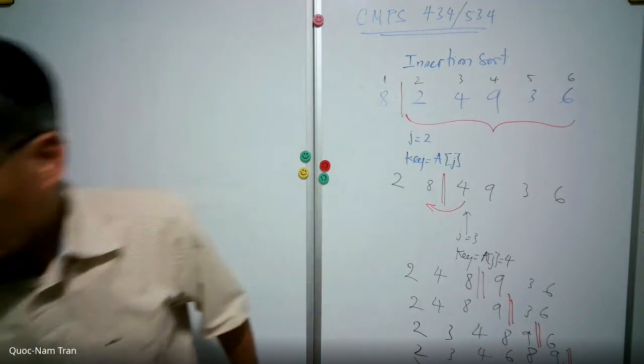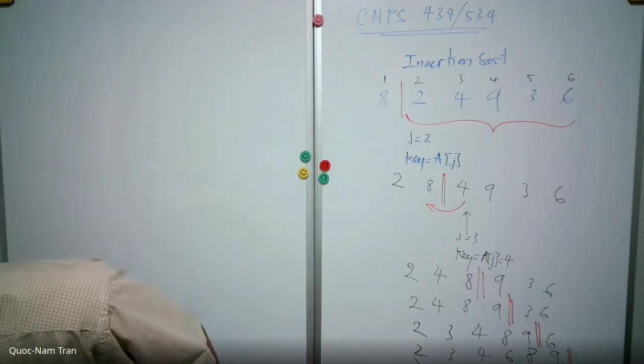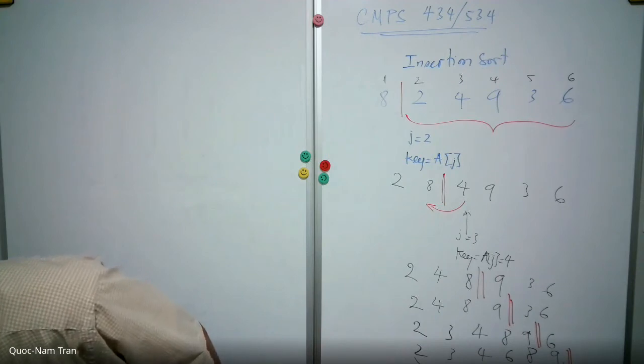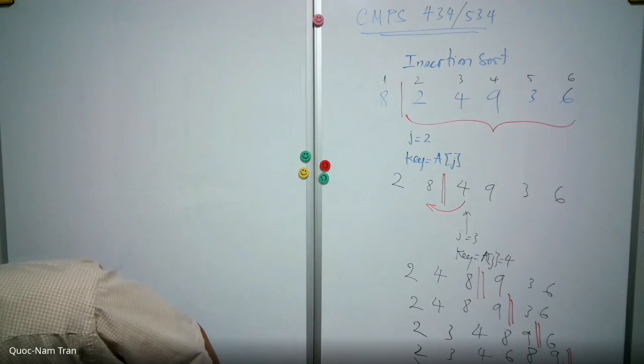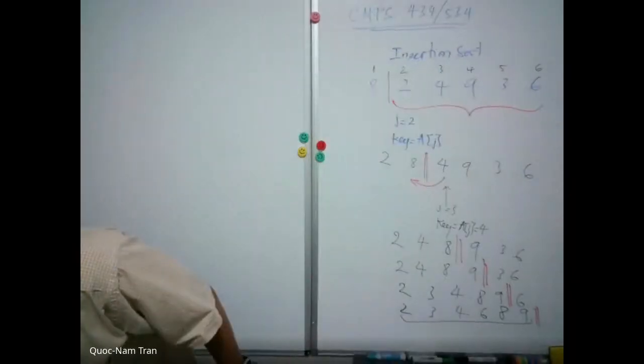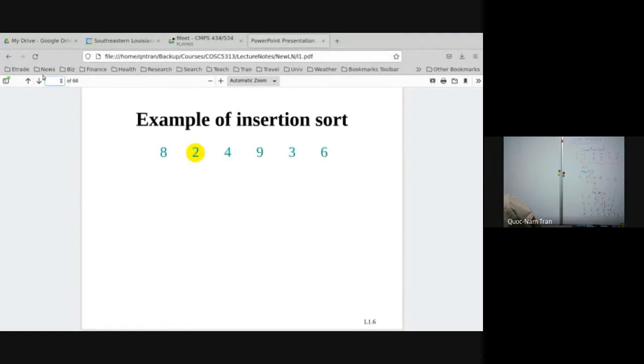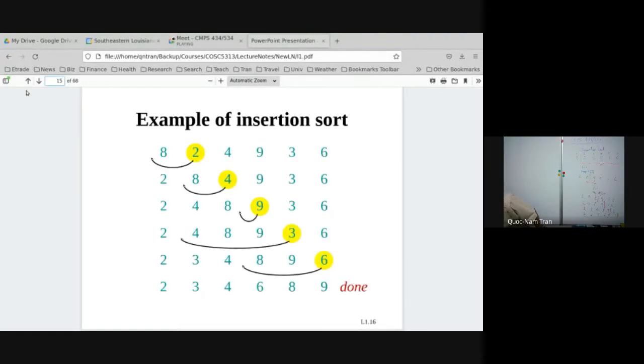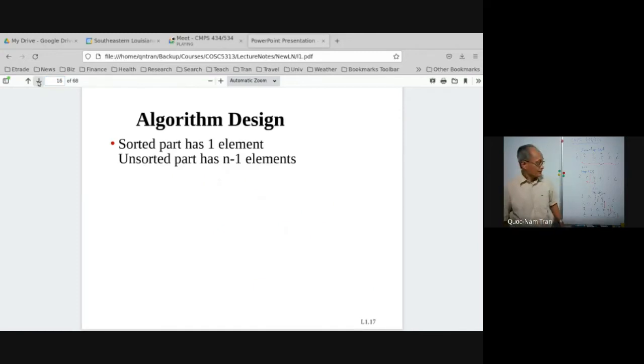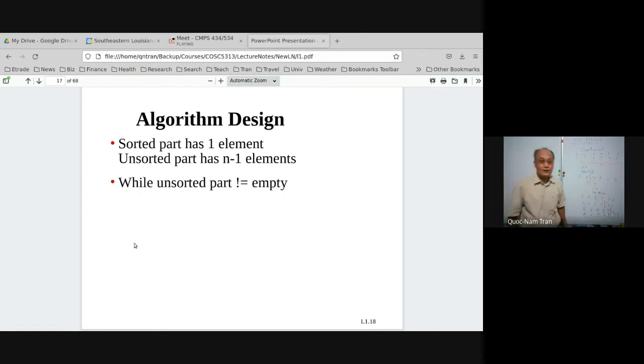The steps are something like, first, the sorted part has one element, the unsorted part has n minus one elements. While the unsorted part is not empty, what will we do?